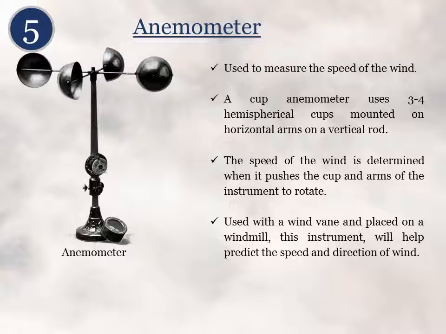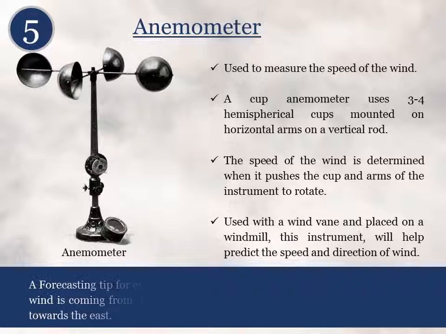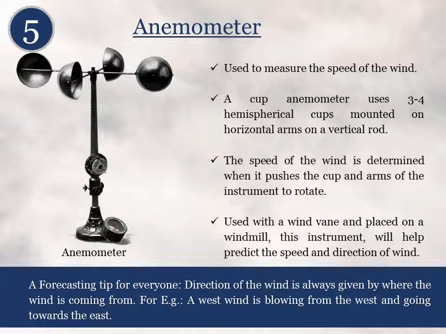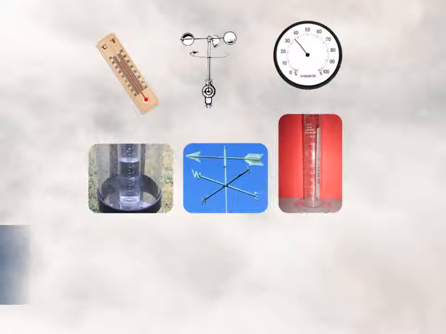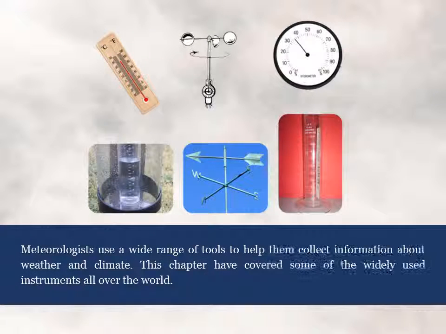Used with a wind vane and placed on a windmill, this instrument will help predict the speed and direction of wind. A forecasting tip, therefore, for everyone: direction of the wind is always given as where the wind is coming from. That is, a west wind is blowing from the west and going towards the east.